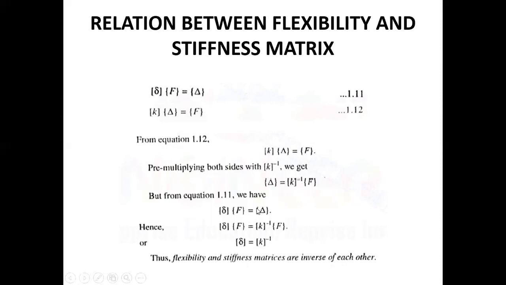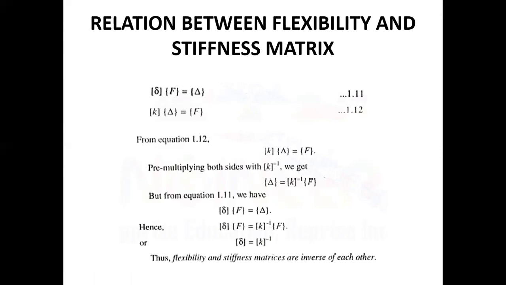We'll solve it further, and then again this k inverse f will be cancelled by this f, and the equation becomes: the delta matrix is the inverse of the stiffness matrix. So by this relation we can simply see that flexibility is the inverse of stiffness.